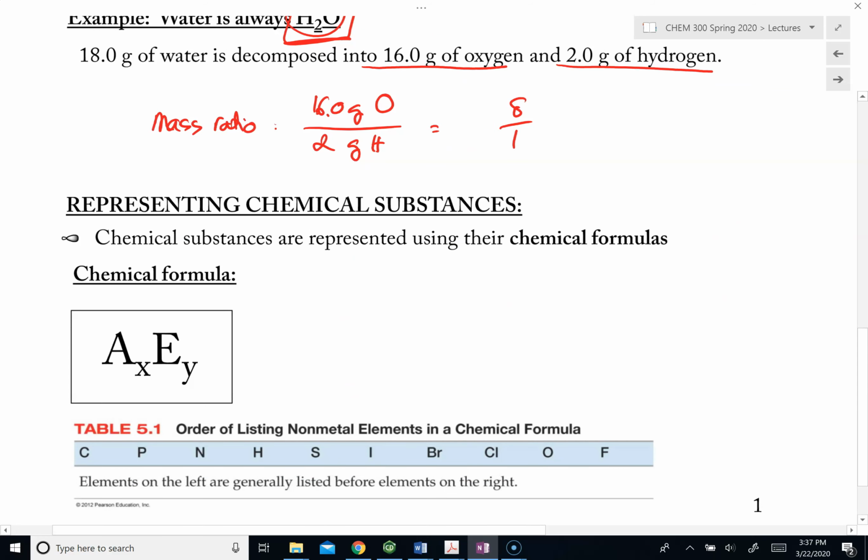So we know that every chemical substance has a unique chemical formula. How do we represent it? Here's an example of the generic format of a chemical formula. A chemical formula tells us what types of elements are present in a substance, and second, the relative number of each of the atoms in the substance. So first, a chemical formula indicates the elements that are present.